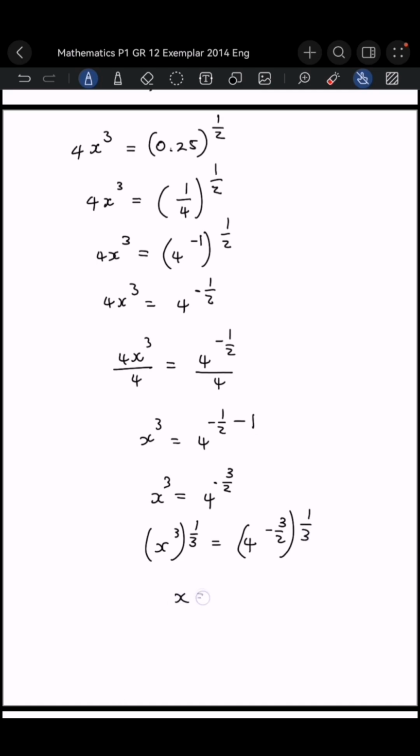Therefore, x is equal to 4 raised to the power of negative 1 over 2. This is the equivalent of x is equal to the square root of 4, to the negative 1. The square root of 4 is what? The square root of 4 is 2, raised to the power negative 1, is equal to 1 over 2.